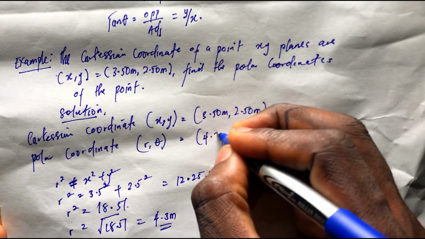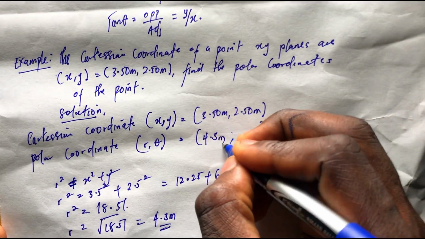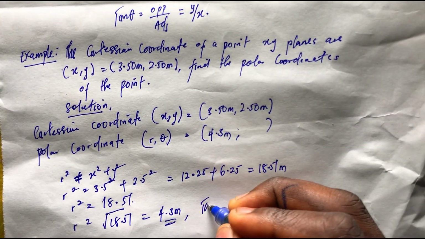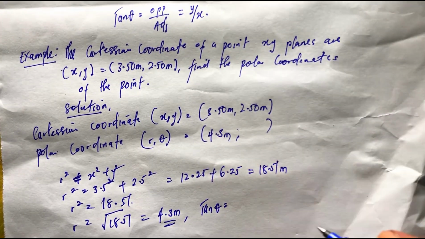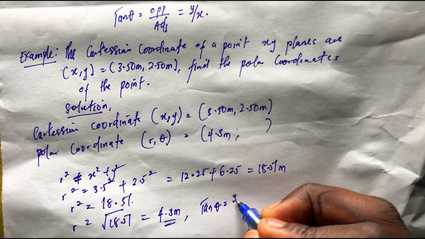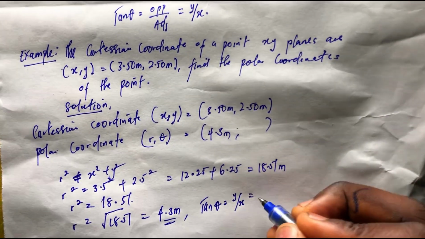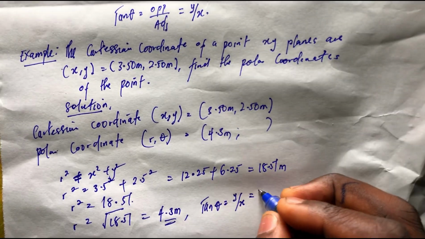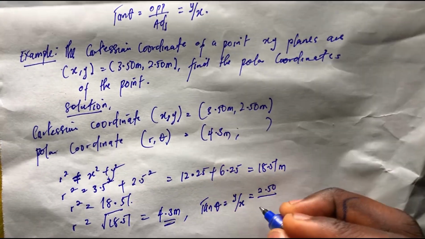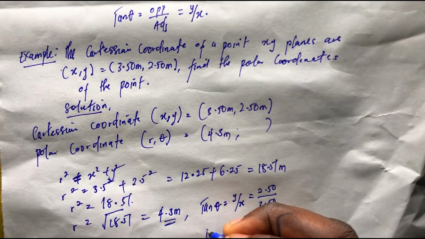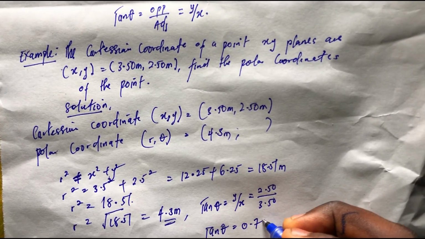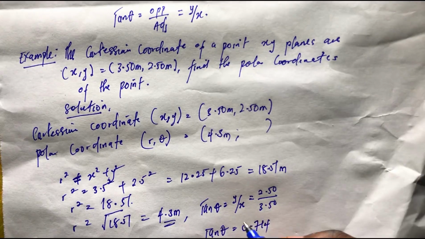So we have r to be 4.3 meters. Next, what are we going to get for the angle theta? Now we can say that tan theta is equal to the ratio of y by x. My y is given as 2.50 divided by 3.50. So tan theta is approximately 0.714.